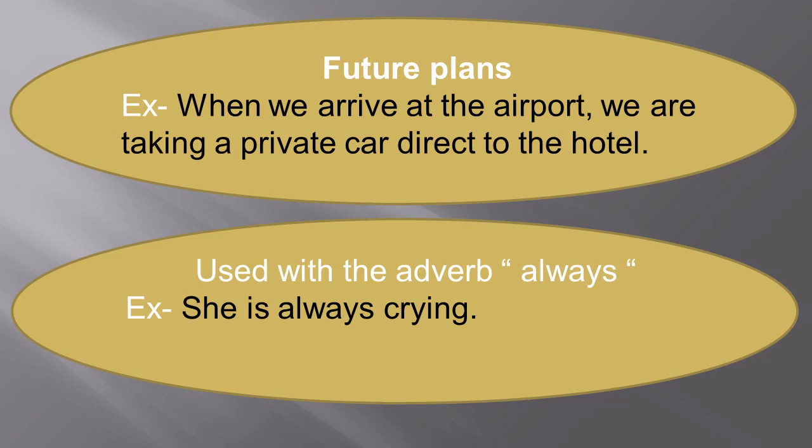For example, he is always asking questions. She is always crying. That means to represent a habitual habit with the adverb always. That represents the frequency. He is always found doing his homework. He is always found doing cooking. So, with the adverb always, we use present continuous tense.